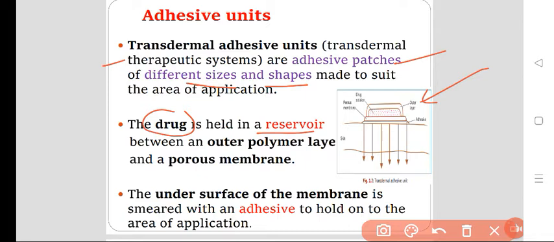The drug is kept in a reservoir as a drug solution. The undersurface of the membrane is smeared with an adhesive to hold on to the area of application. It will stick to your skin, and from that the drug is absorbed.